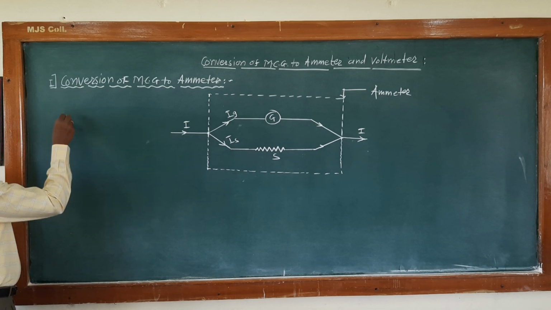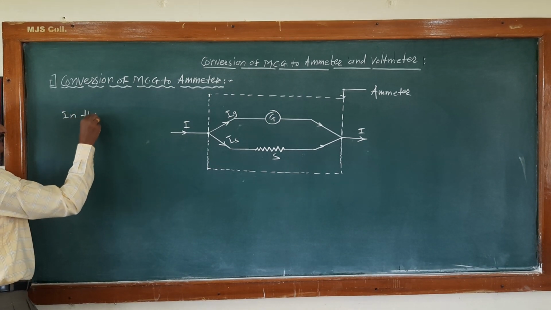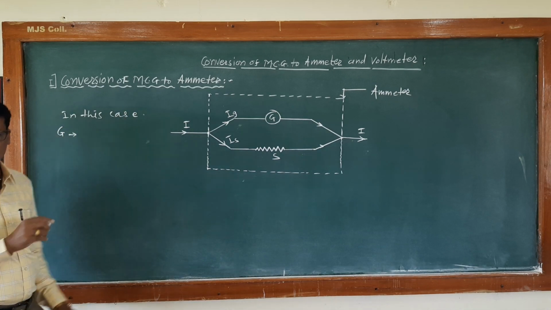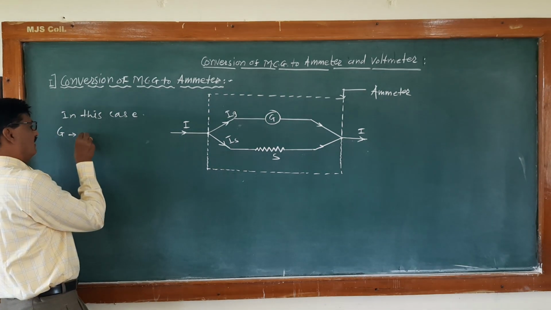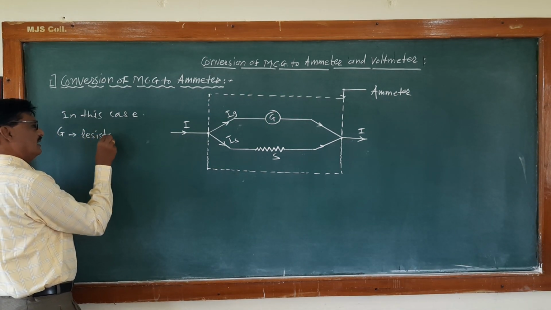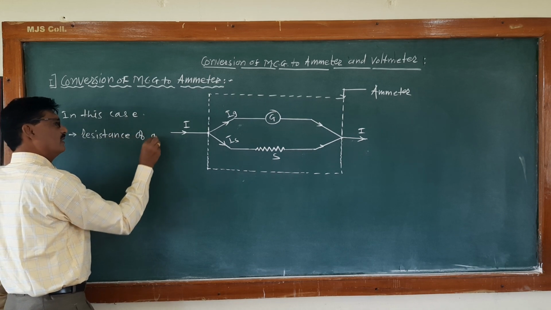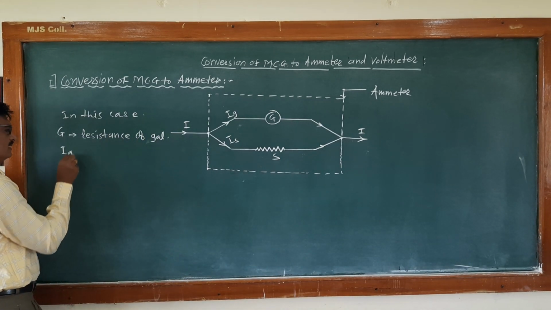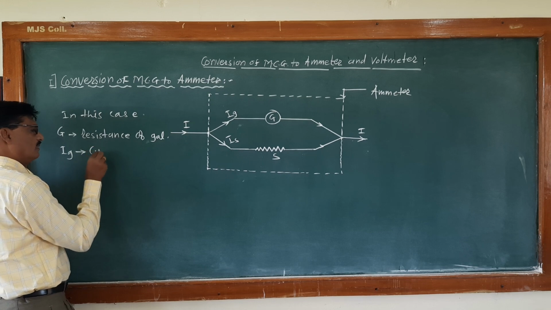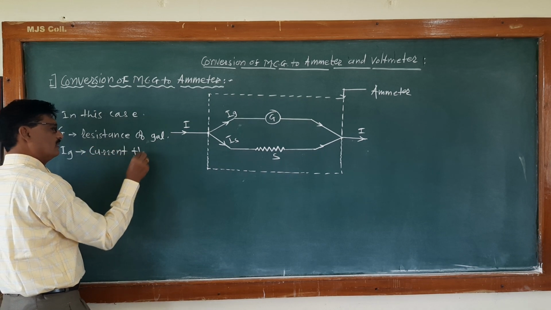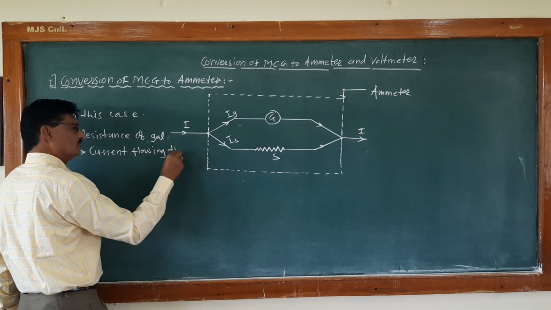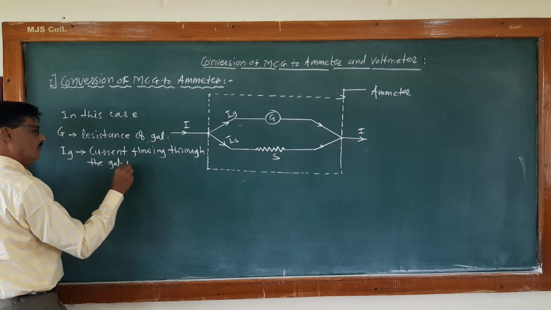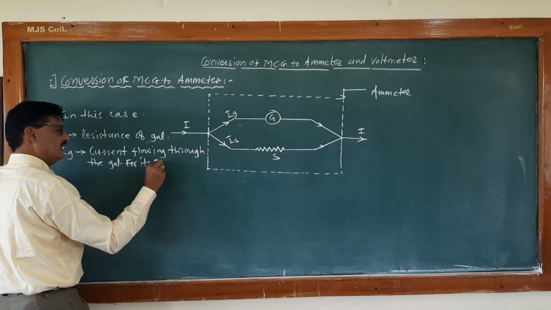In this circuit diagram, capital G is the resistance of the galvanometer. Ig is the current flowing through the galvanometer for its full scale deflection.